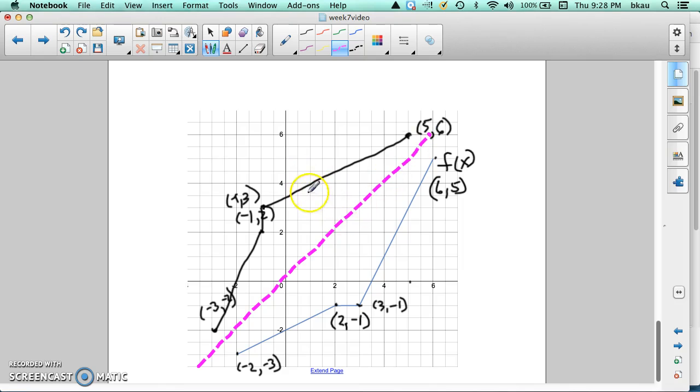As you can see here, this is a mirror image along this y equals x graph. This is y equals x. So that's graphing the inverse. So in graphing the inverse, we swap the x and y values. Both of these are functions because they pass the vertical line test.